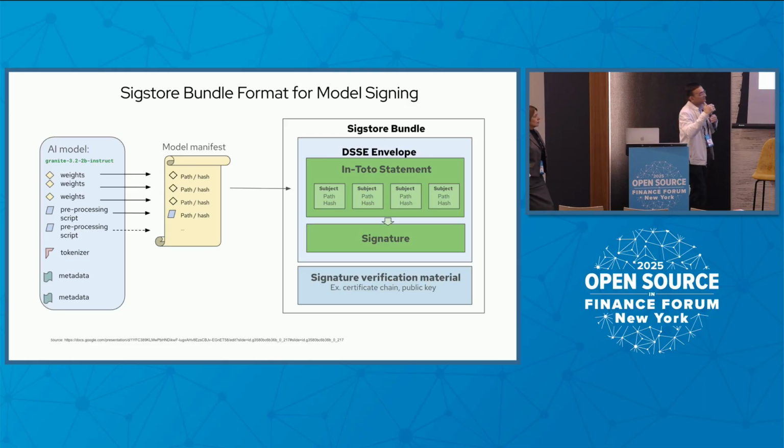The serialized manifest will contain the path of the individual elements. These are your tokenizers, your weights, all the elements that go into a model. And you'll have a corresponding hash. That way, when you change, say, one element, you don't have to recompute the hash for the entire model. And this serialized manifest is then packaged in an in-toto format and signed using Sigstore and committed into the transparency log.